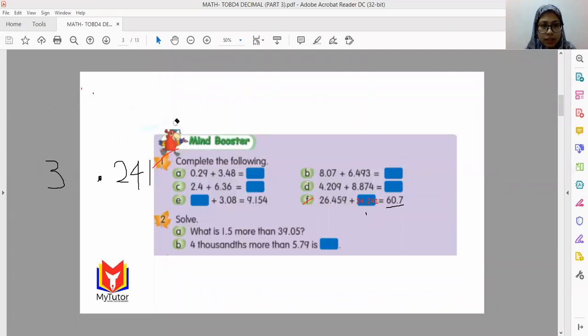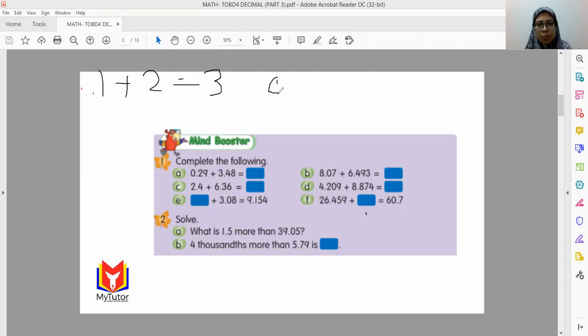Okay, Simi. So we are doing addition of decimals. So basically, it's the same as adding 1 plus 2 equal to 3. It's the same when you say 4 plus something, you get 6. What is this number?